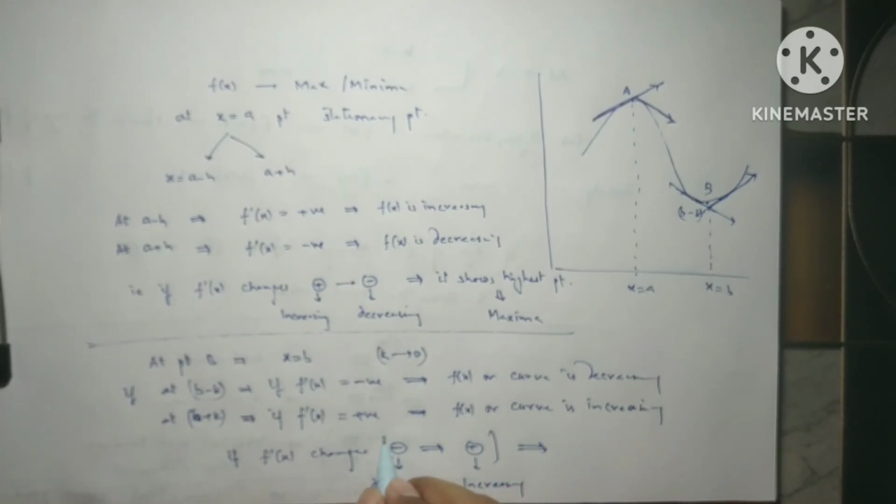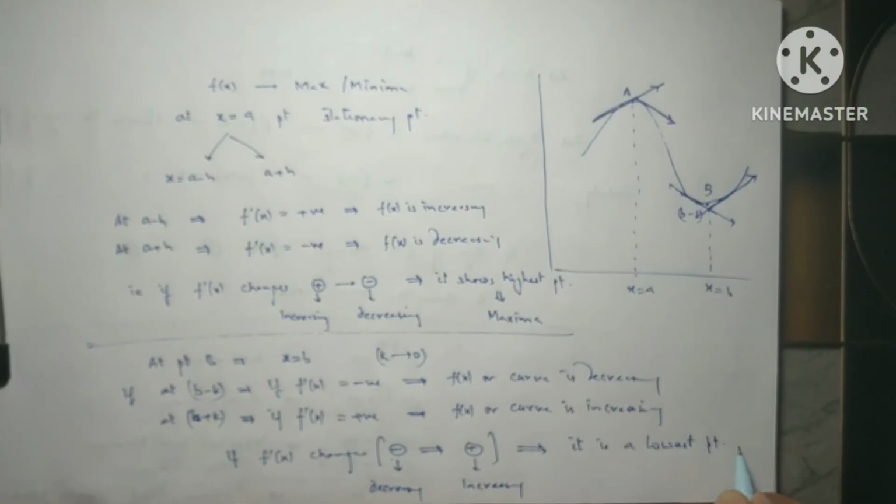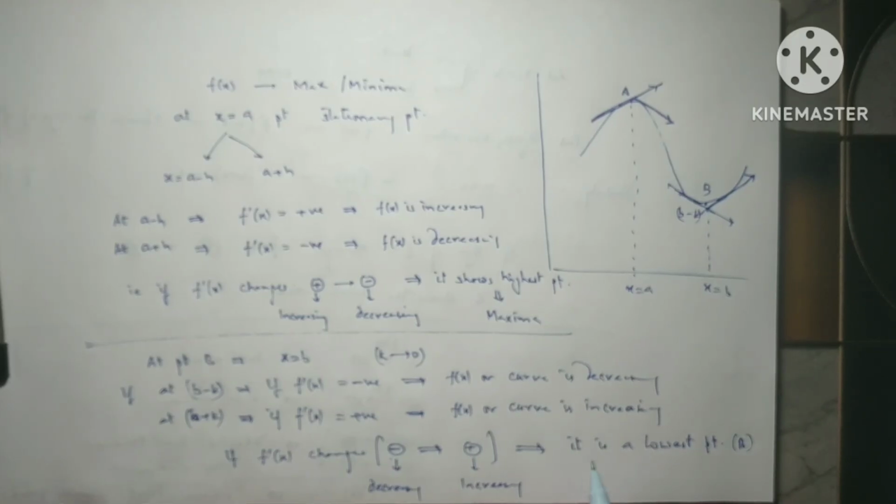This information indicates it is a lowest point. So point B is the lowest point. That shows minima, or you can say local minima.